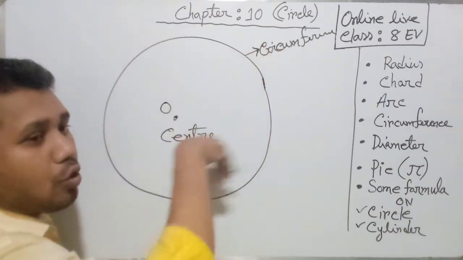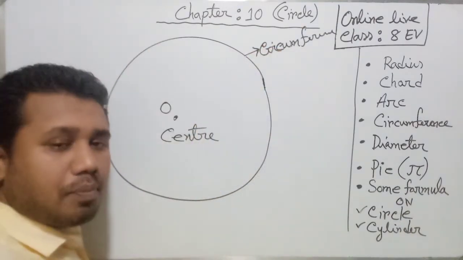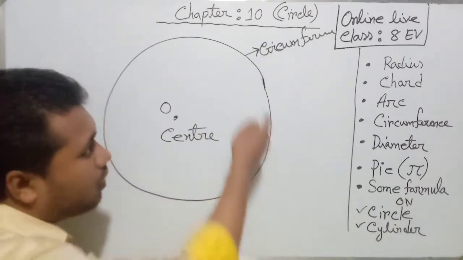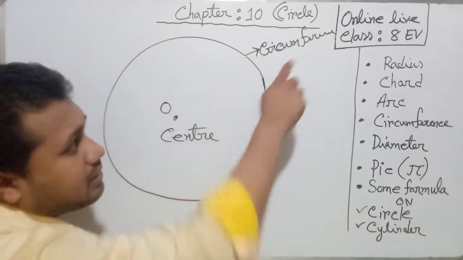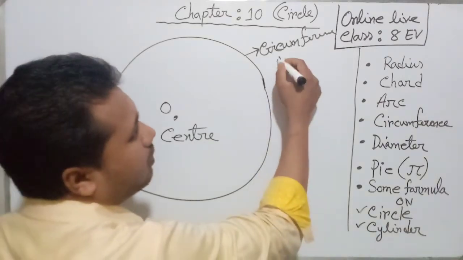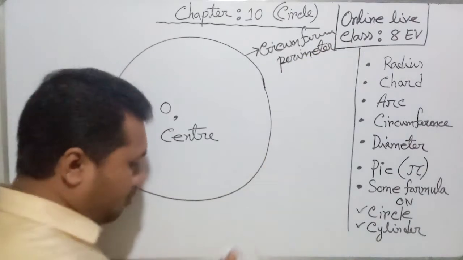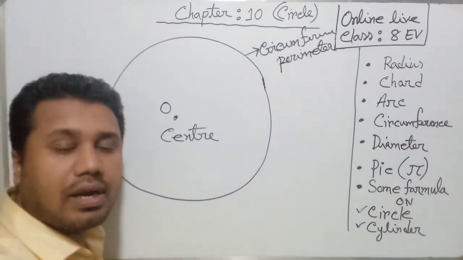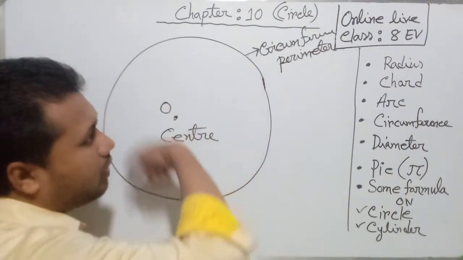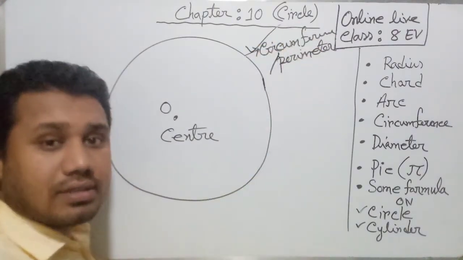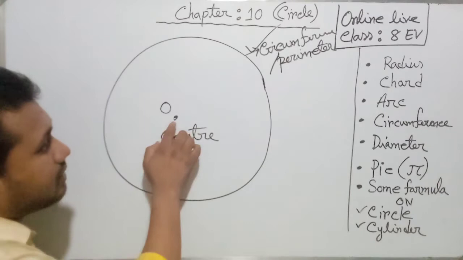Circumference is the complete length of the circle, or you can say a kind of ring. This circumference we can also call the perimeter. You know the perimeter of a rectangle, parallelogram and triangle. So this is one kind of perimeter, but here we call it circumference. Clear?